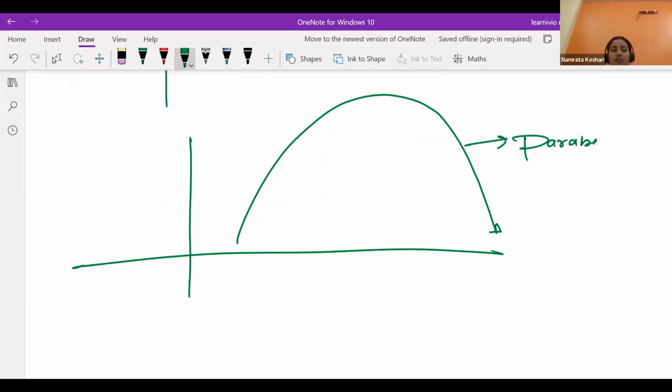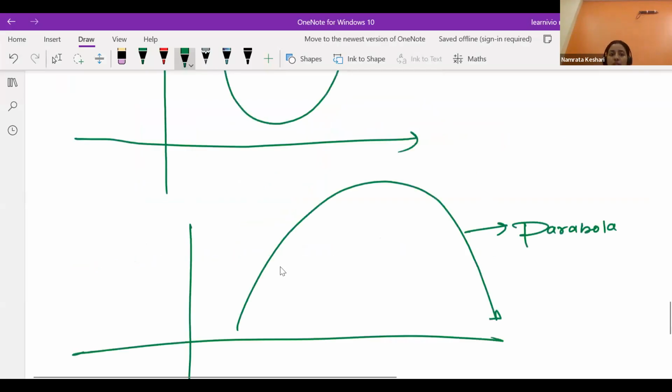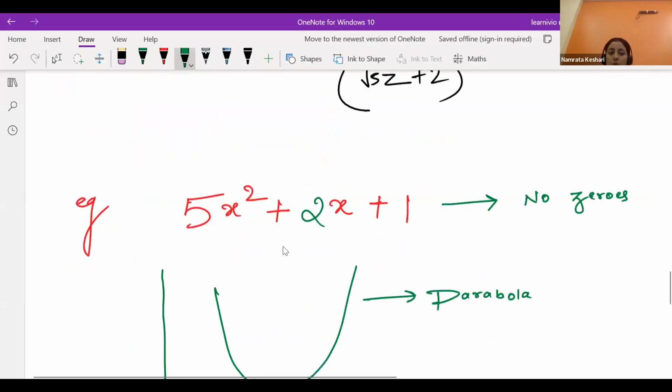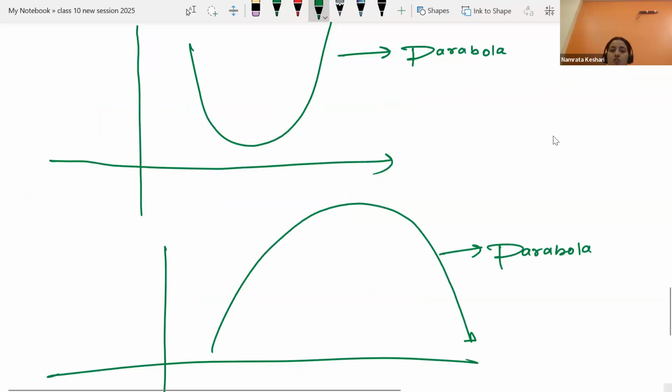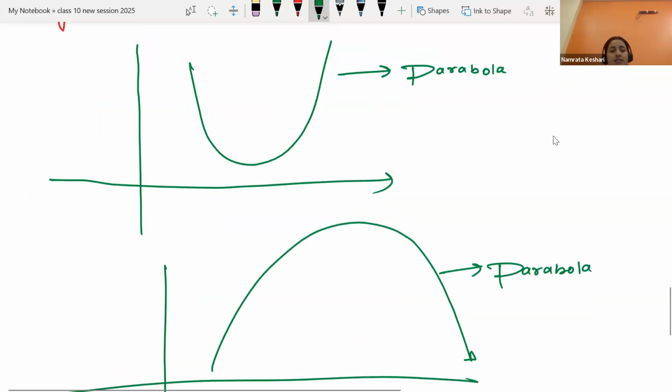In our mathematics, in the real world, when we plot the graph of this quadratic polynomial, we will be getting this type of shape, and this type of shape is called a parabola. Okay, you just need to know the name. Tracing and graphing is not part of this. Just a little bit of understanding of the graph. Now this is called an upward facing parabola.